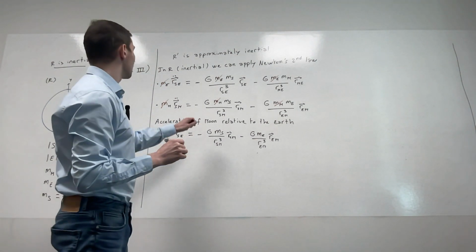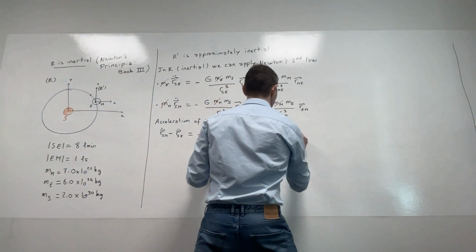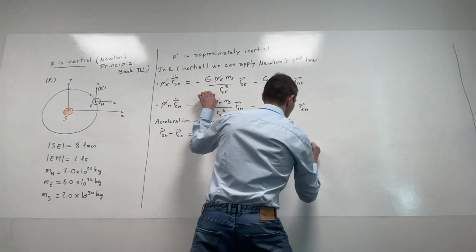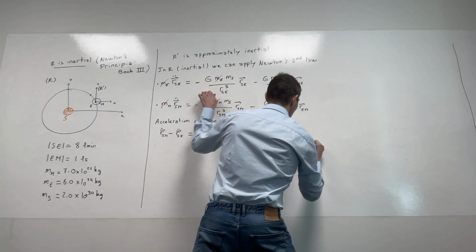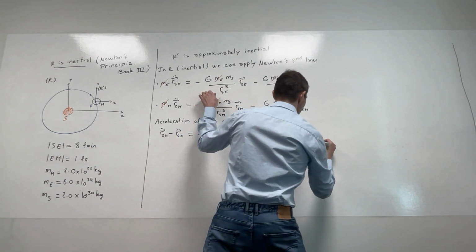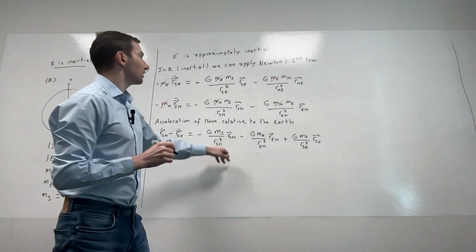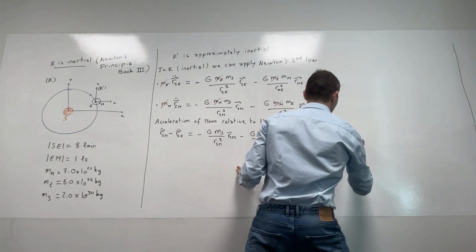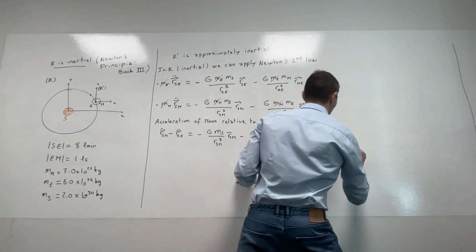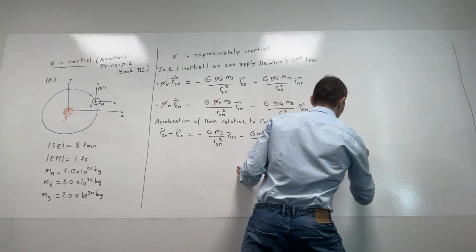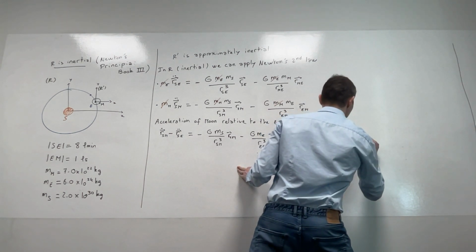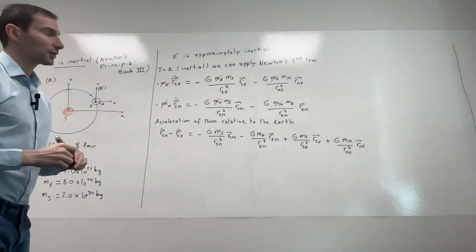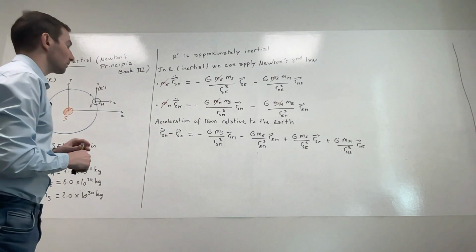And then I've got plus G M_S over R_SE cubed, and then R_SE. And then finally plus G M_M over R_ME cubed, and then R_ME. Okay, so that's basically all the terms that we have.